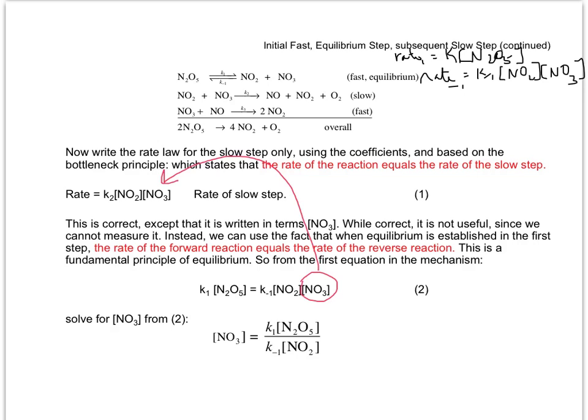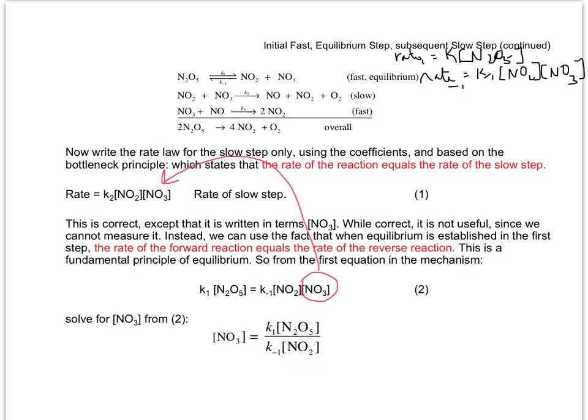We can't measure it because it's an intermediate. And so now if we solve for NO3 and plug it into equation 1, then we get rid of it. Okay, so in the next step, solve for NO3 from here. So NO3 is equal to k1 [N2O5] divided by k minus 1 [NO2].